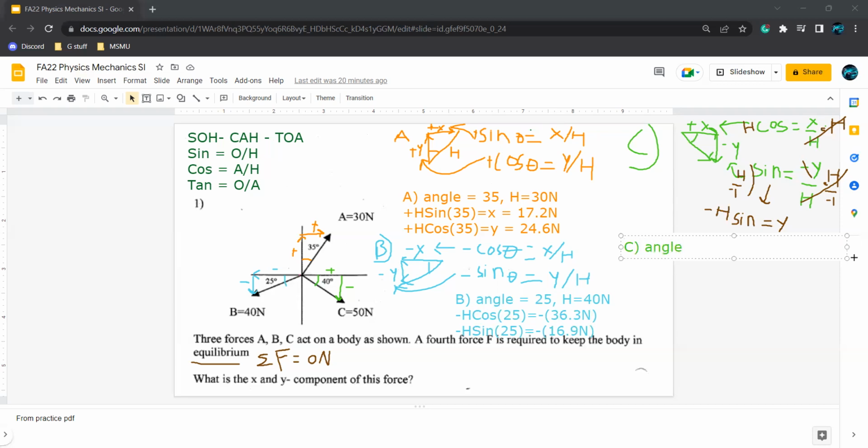Angle for C is 40. H is 50. H sine angle 40 is equal to your x.